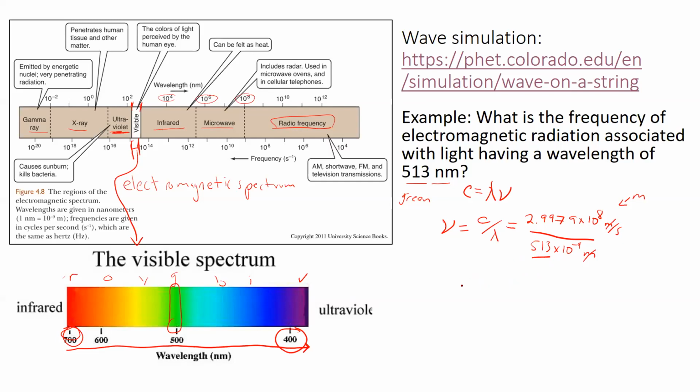You plug those in, the meters cancel out, and you wind up with a value of 5.84 times 10 to the 14th, 1 over seconds as our units, which is the same as 5.84 times 10 to the 14th hertz. That's a quick, easy calculation of nu, assuming you have the wavelength. So what's nu? c over lambda.